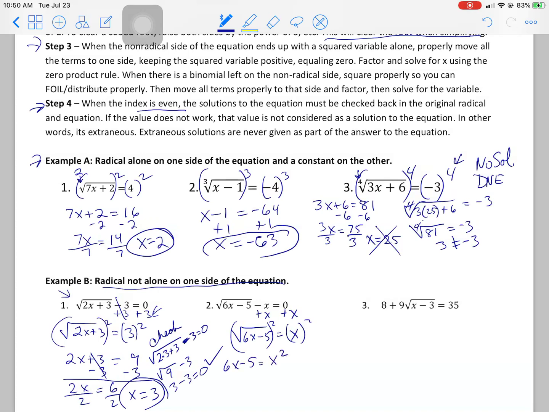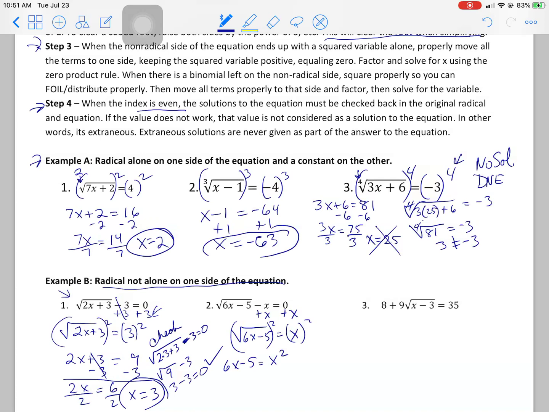All right, then notice we're left with an x squared somewhere. So let's go back to the step 3 thing. It says when the non-radical side of the equation ends up with a squared variable alone, that's what I've got, properly move all the terms to one side, keeping the squared variable positive equaling 0.